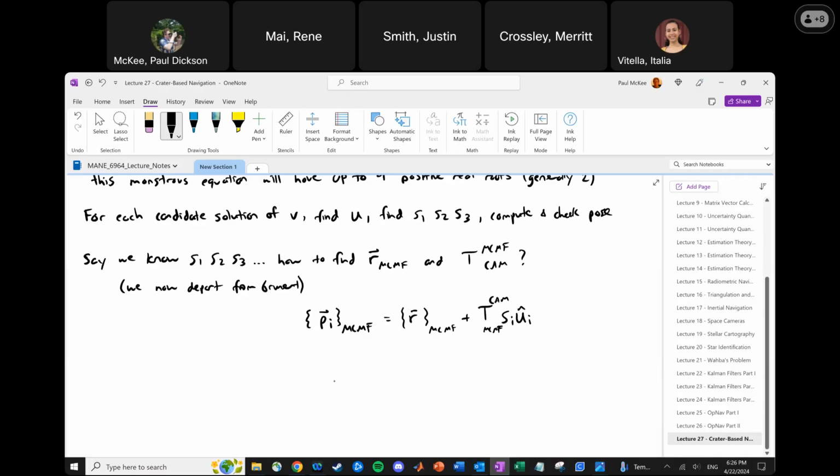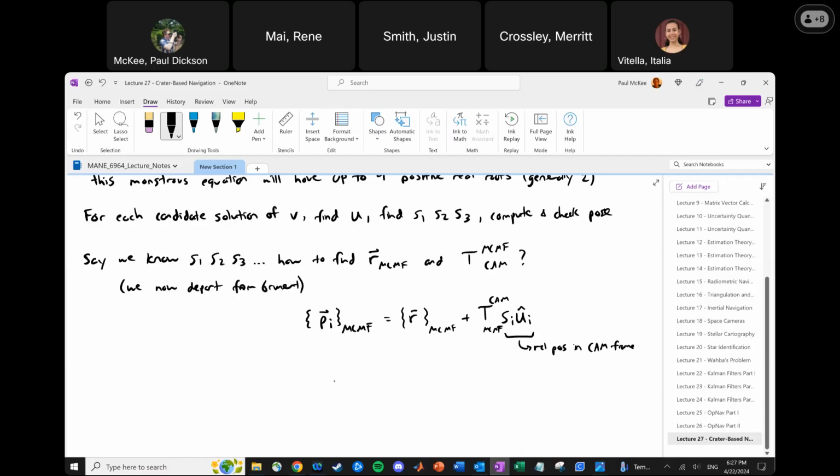Because U is naturally in the camera frame. So this right here, SIUI, is the relative position in the camera frame. All right. Hopefully that makes sense. Hopefully we agree with this statement so far. So really we're just saying position of the spacecraft plus the relative position is the position of the crater.